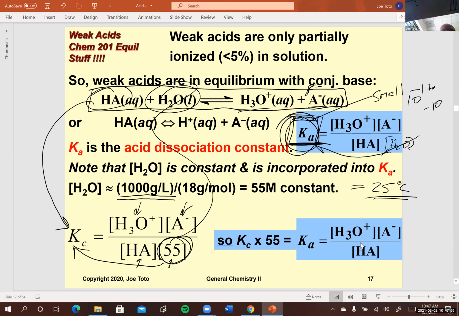So the concentration of water is the density divided by the molar mass. And so what changes is not the molar mass, it's the density with temperature.